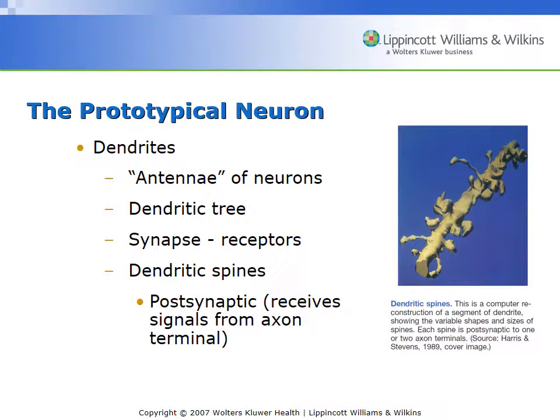When they bind their specific ligand, specific neurotransmitter, they perform a very specialized task in the cell. Now, because dendrites can make many connections with many different axons, some dendrites have specialized structures known as dendritic spines to enhance the capability of making connections with adjacent cells.